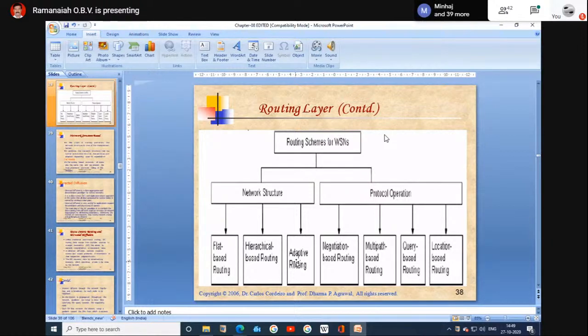Then the different criteria, protocol operation. What is the principle of operation of the protocol? First one, is there negotiation happening before routing? If that is the case, this is a negotiation-based routing protocol. And multipath-based routing between data source and the sink: why do you want more than one path?